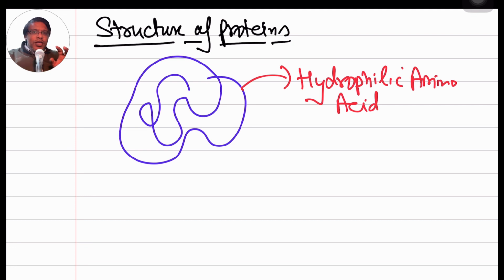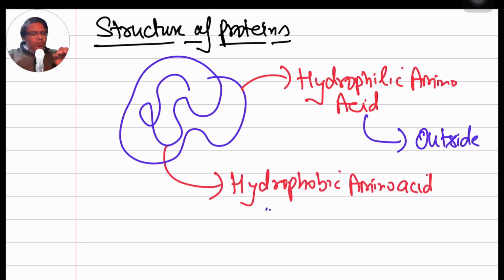Hopefully you know proteins are polymers of amino acids. So always remember hydrophilic amino acids are present outside, while the hydrophobic ones are present inside. Hydrophilic things actually love water, so the hydrophilic amino acids love to be outside, while the hydrophobic things fear water and try to be inside.